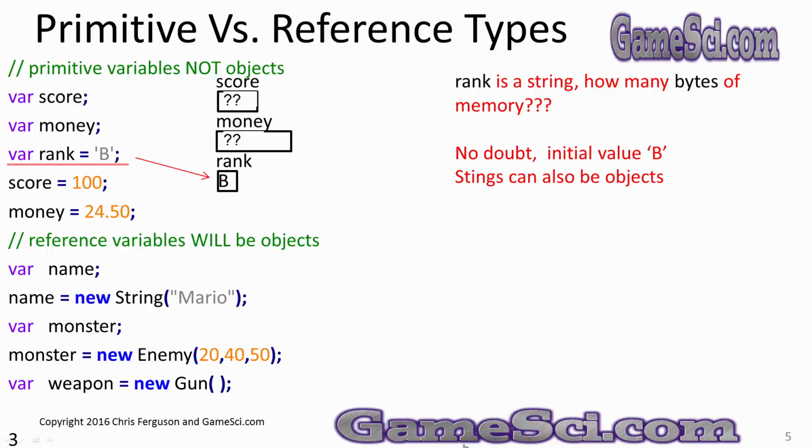Strings can also be objects. This is one of the things that confuses even me after all these years. In JavaScript, apparently, strings are a data type and they can be objects. It can be both. So we'll just create the first kind, a string data type here. And we'll look down below how we make sure that we create a string object.